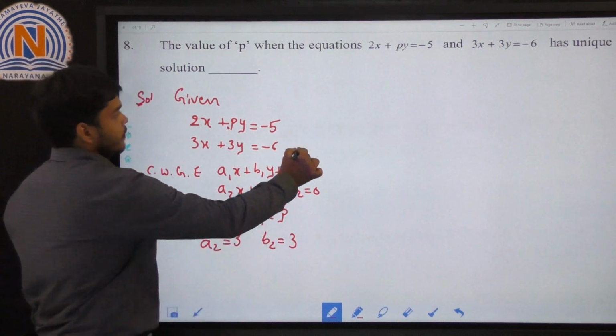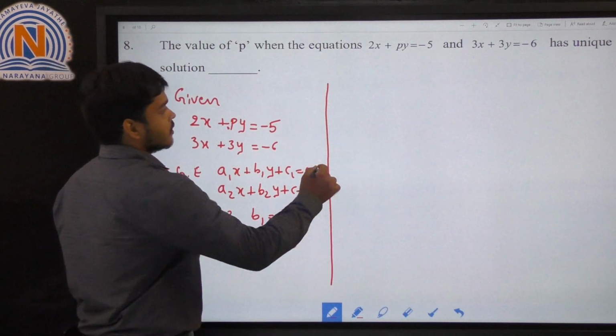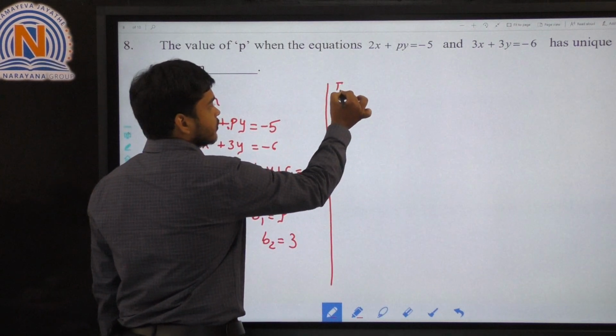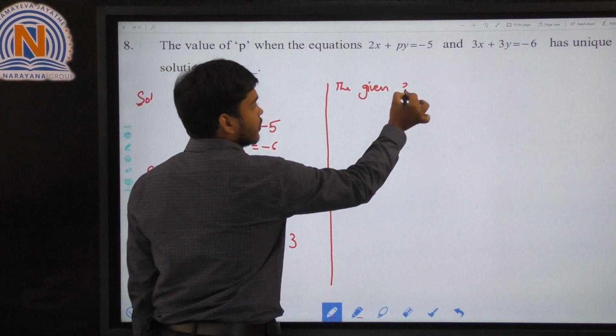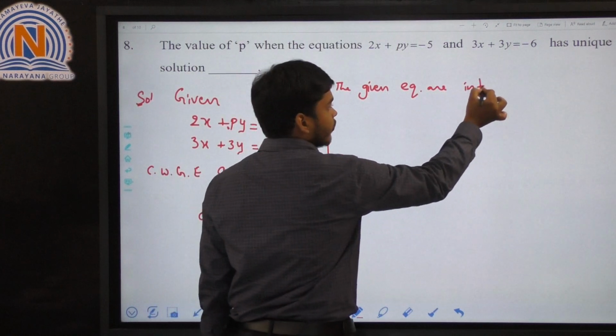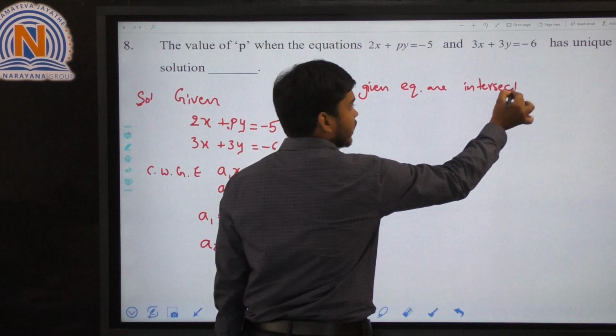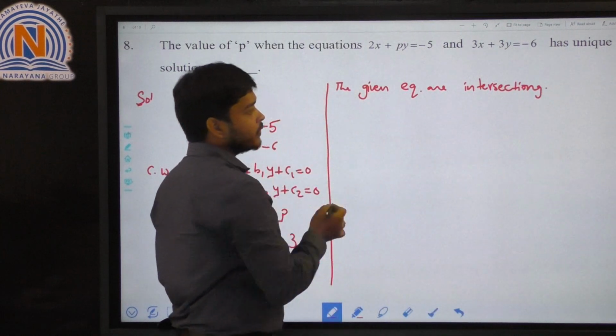See children, the given equations are intersecting lines. Intersecting lines means unique solution. So what is the condition for unique solution?